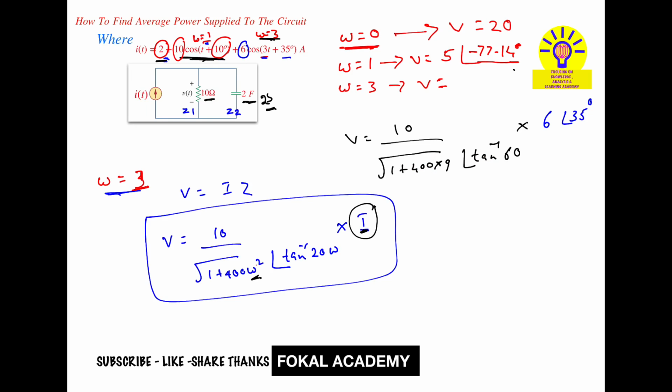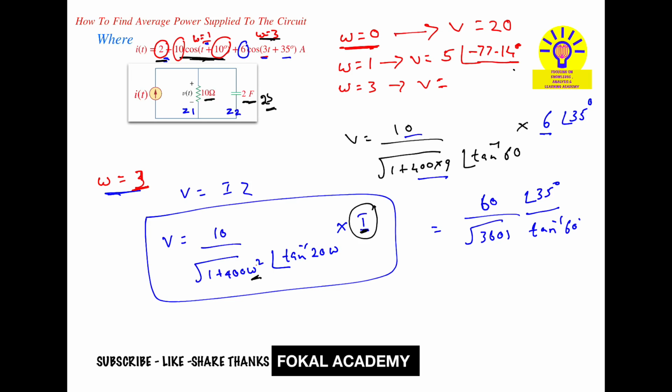Now simplify. So 10 by root of 3600 plus 1, that is root of 3601. Here 10 into 6, nothing but 60. Take directly 60 here. Phase angle is 35 here, and below, tan inverse of 60.